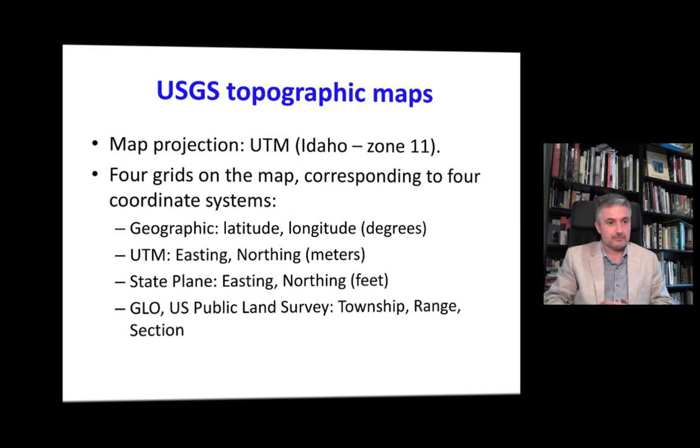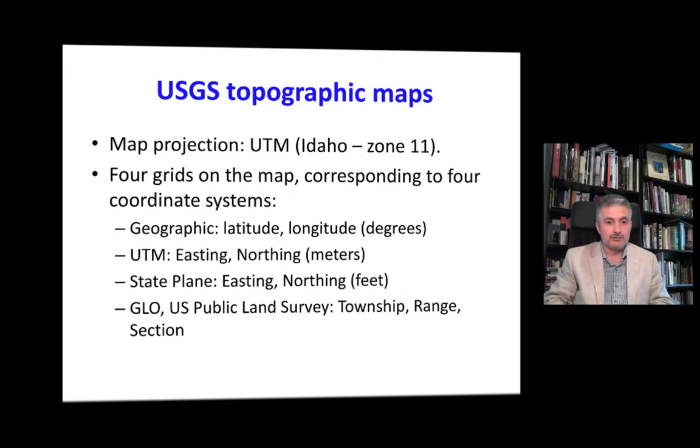In this map, we have a variety of information, and the next module will be about reading these maps. For now, enough to say that there are 4 grids, all of those ticks and lines on the map. They correspond to 4 coordinate systems: a geographic grid, a UTM grid, a state plane grid, and the public land survey grid.